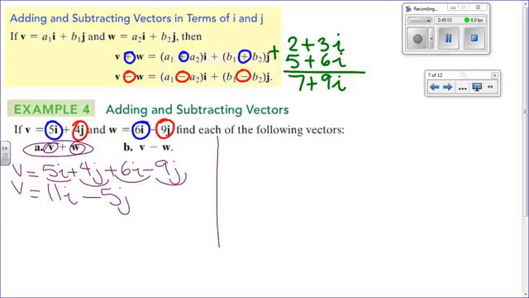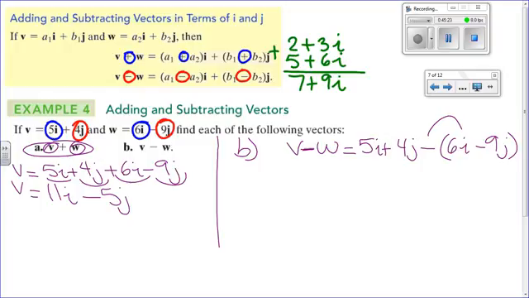Now let's do part B. Part B says vector B minus W. Now here you need to be careful because of this minus right here, okay? So vector B is 5i plus 4j, and we're going to subtract vector W, so I'm going to put it in parentheses. So 6i minus 9j. And of course, I need to make sure to distribute that parentheses because we're subtracting the whole vector.